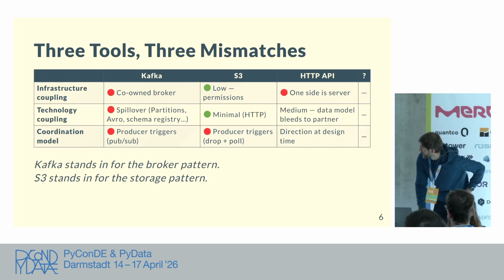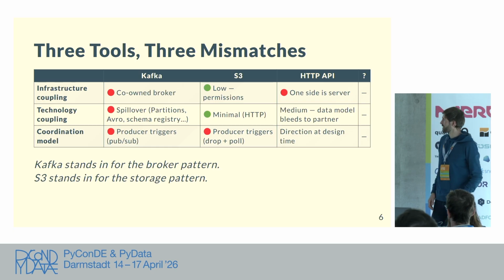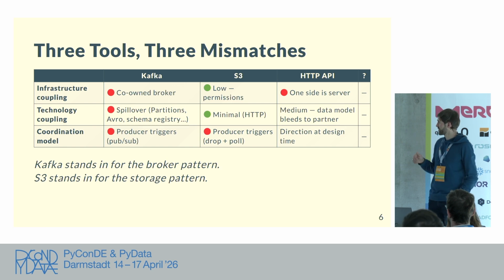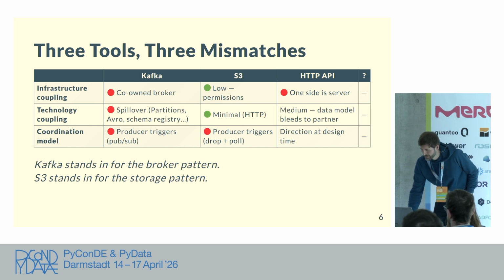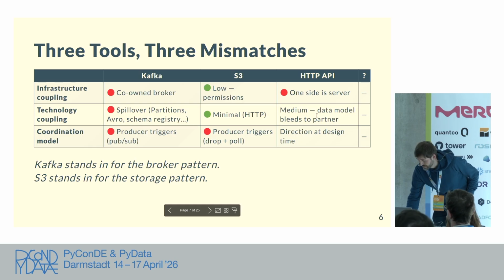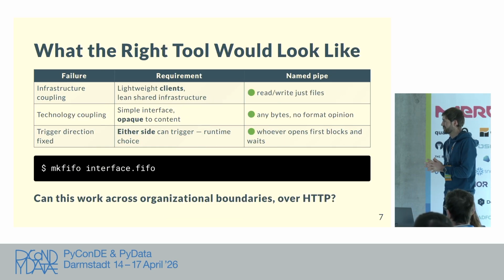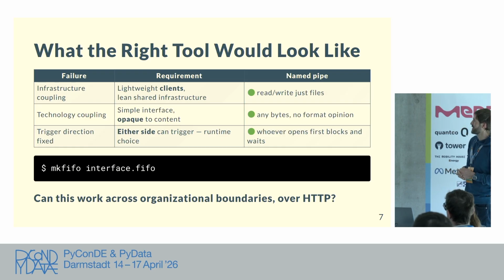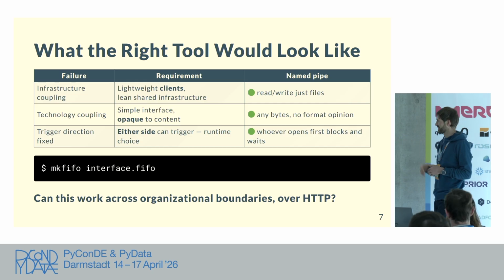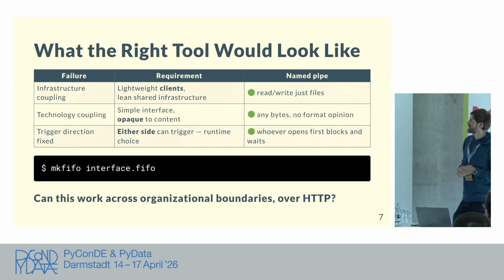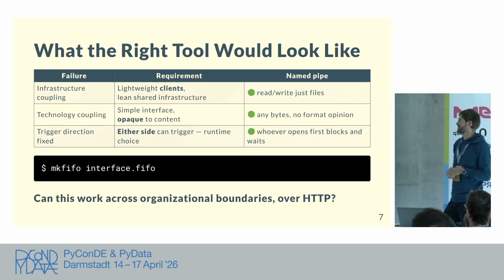So what would a good requirement look like to reduce the infrastructure coupling and the technology coupling, and to gain coordination flexibility? And that's where we go back to our initial motivation. When we look at pipes, and specifically named pipes, which were introduced 15 years later, actually, we see that we have a model that works quite nicely.